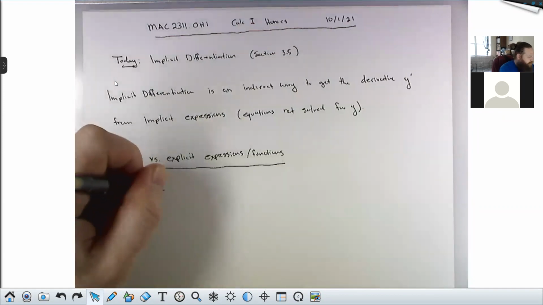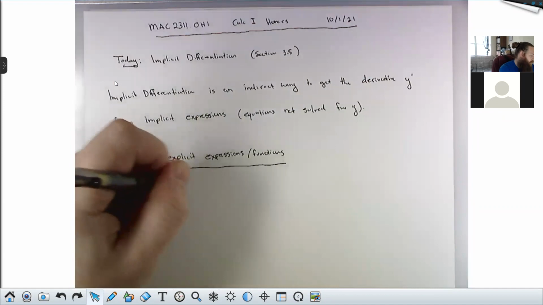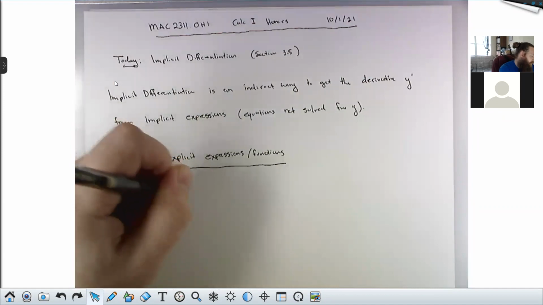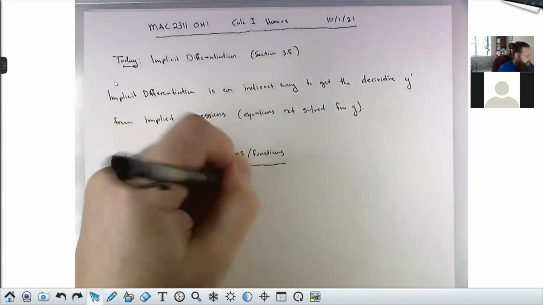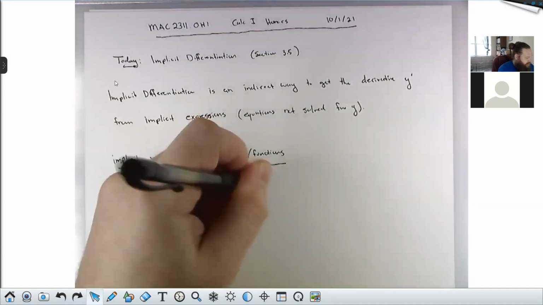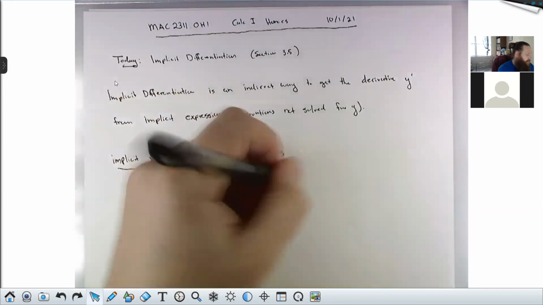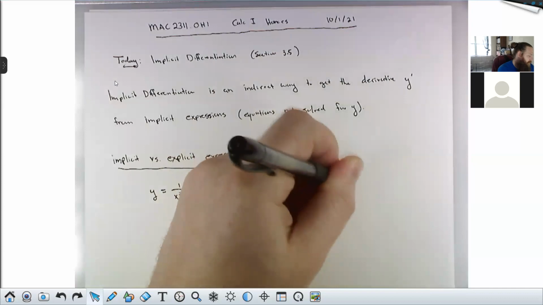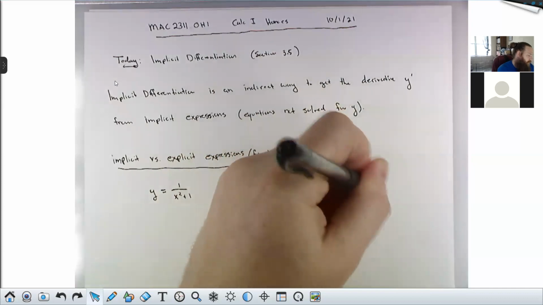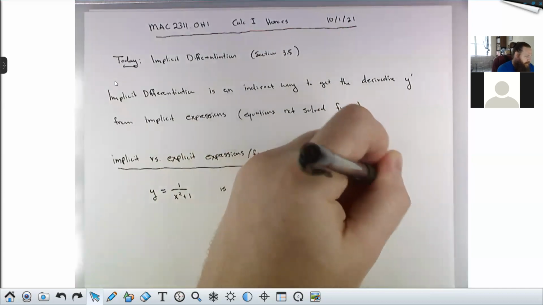So if I say y is equal to 1 over x squared plus 1, this is an explicit function or explicit expression. And we can find y prime the normal way.